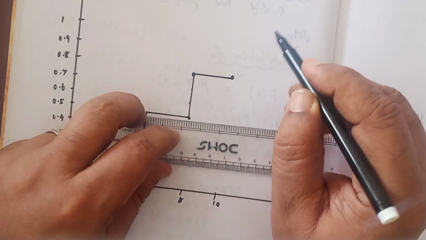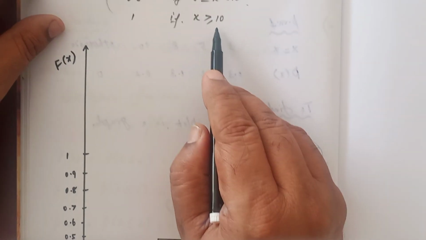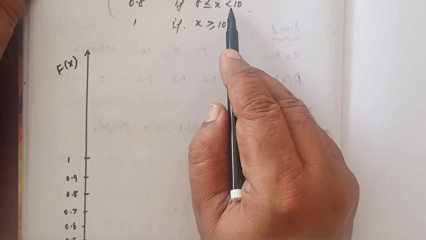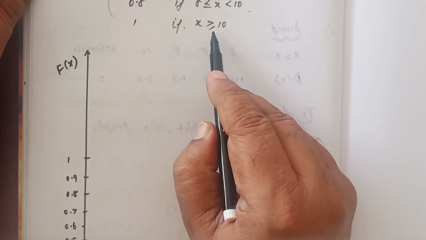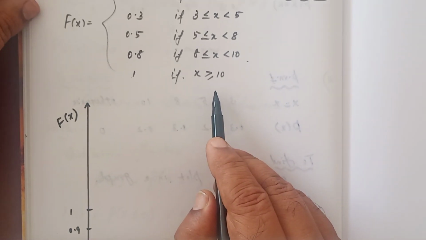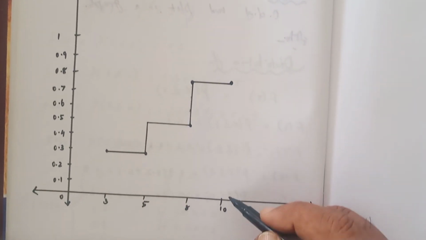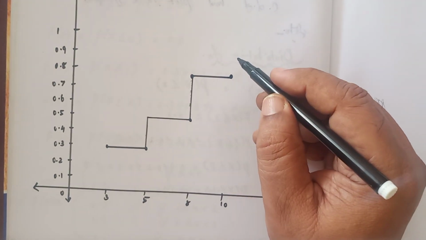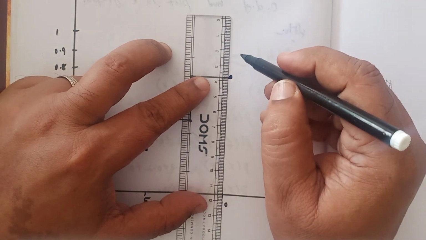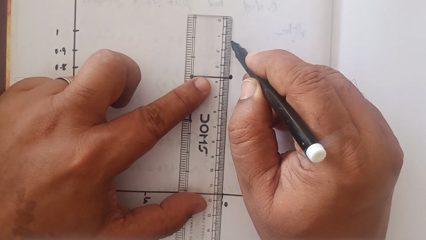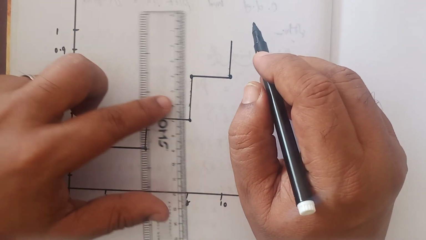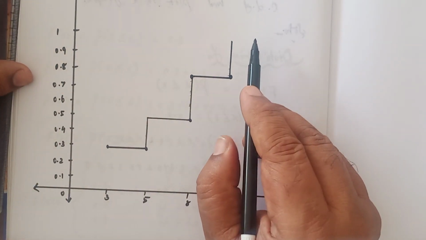Next, when it reaches 10, because this is less than 10, here only is equal to 10. If it is equal to 10, what's the value? 1. So when it reaches 10, it goes to 1.